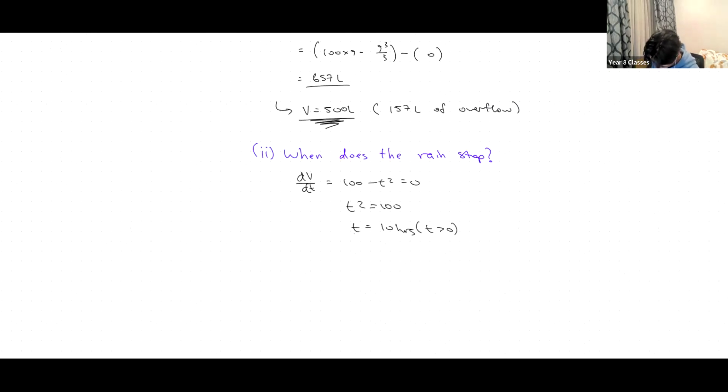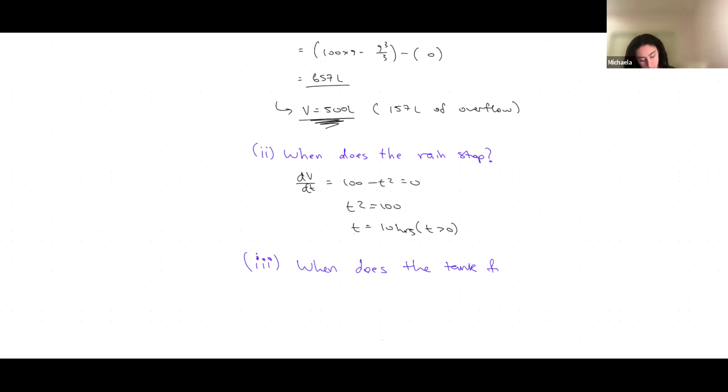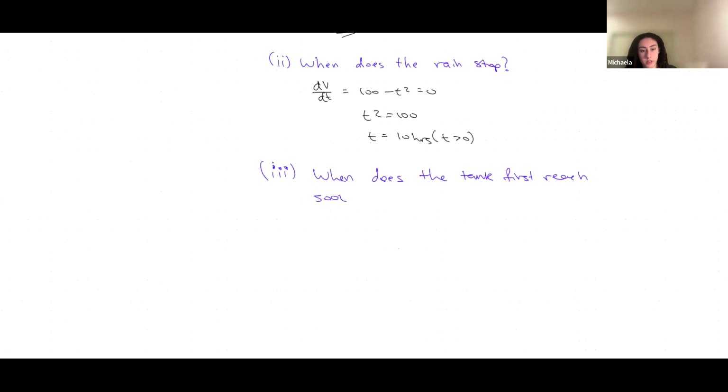Okay, and last follow-on question. Should be pretty straightforward now that you have all the data. When does the tank first reach 500 liters? Sub in 500 to the integrated function.